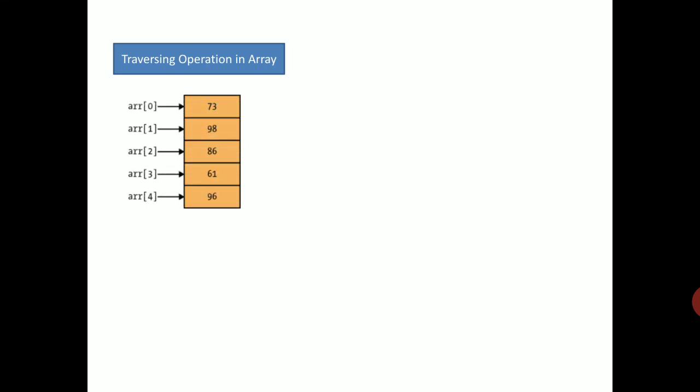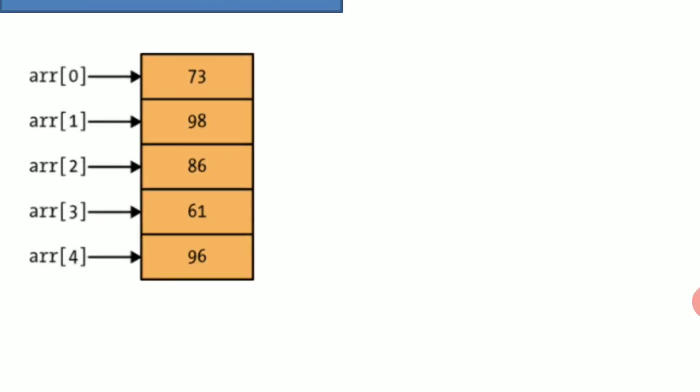Traversing operation, how it looks. Traversing in an array, how it looks. See, we have an array of 5 numbers. We can see it clearly on the picture. The first location, array of 0, has 73, then 1 has 98, then the second location has 86, 61, then 96.